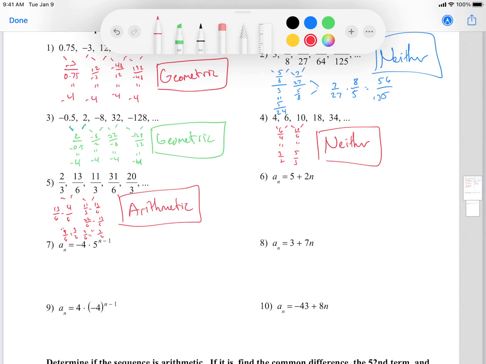Number 6, you should hopefully just be able to tell right away. This is what? Why do you get neither?